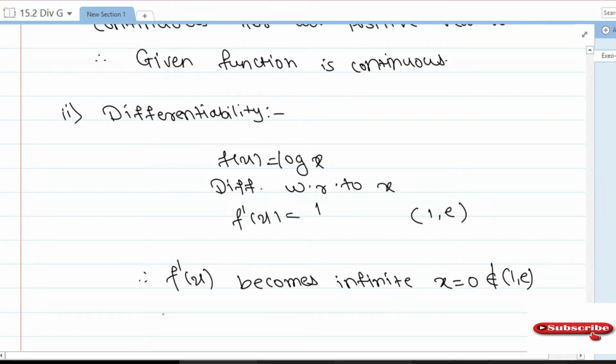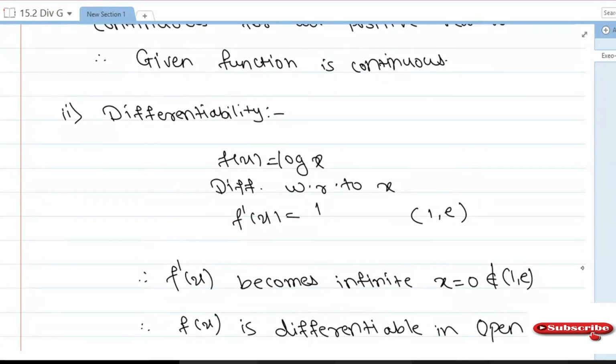Therefore, f of x is differentiable in open interval 1 comma e.